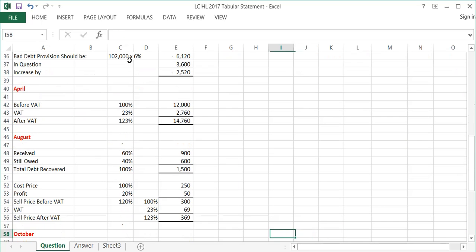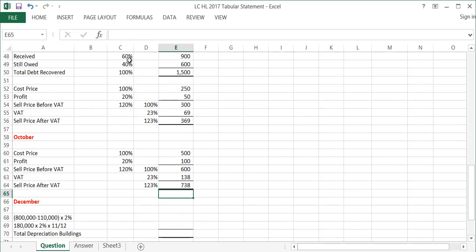And my profit, now my profit should have gone down by the original profit, sorry, the original profit was €100. So my profit should go down by €100 when they return these goods.